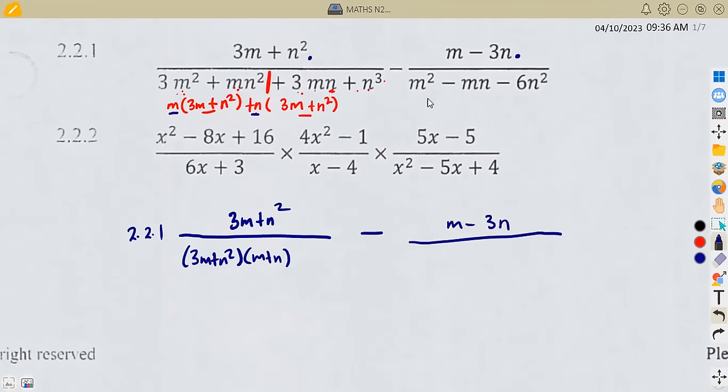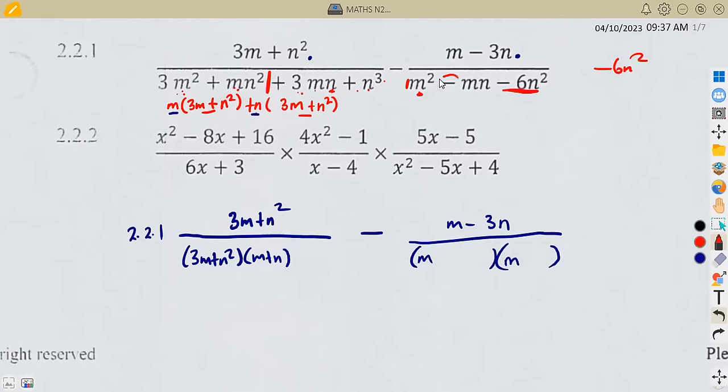Everything over. We factorize. This one is a direct factorization since the coefficient of m squared is 1, so we can just have 2 brackets in terms of m. So that's m here, that's m. Remember that we are supposed to find factors of negative 6n squared.